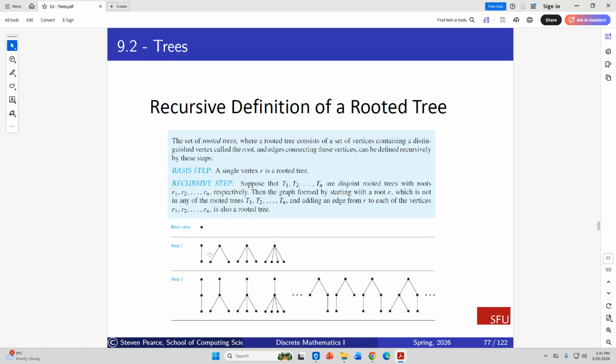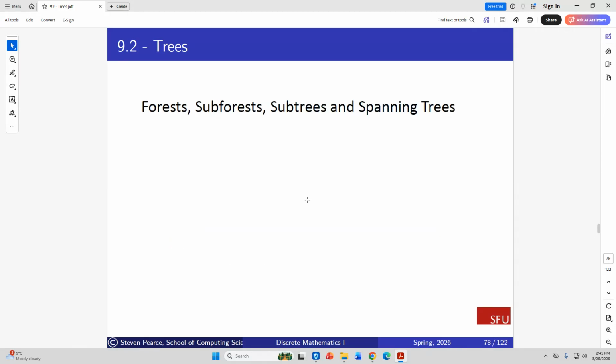Basis step, then we add edges, then we add edges again. We just recursively keep adding edges in this fashion. Please understand this. Since we covered recursion, you can see how we can recursively define trees, in this case, a rooted tree. It doesn't work for just any old tree. It's a rooted tree that it's designed for.